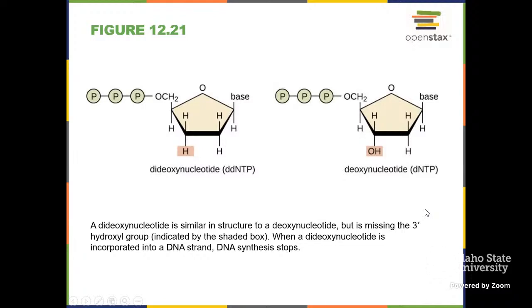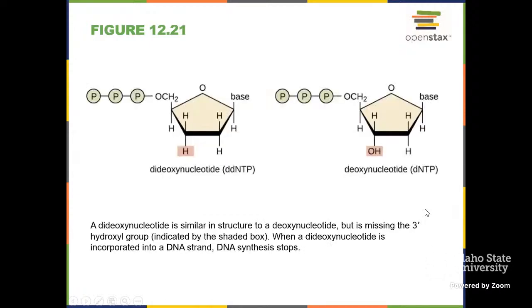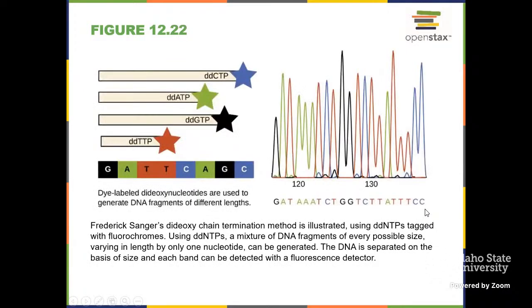And so if it gets incorporated into one of these pieces, it causes it to stop being built, and there you go, right? And the idea would be that through thousands of these replications, there would be multiple points in here, from your very first one getting to finally the very last one, and it's all random as far as how that happens. And you get different sizes of chunks of DNA that have been replicated, right?